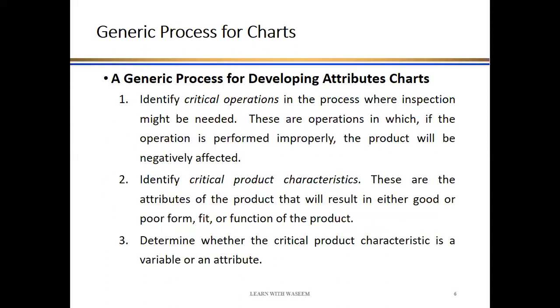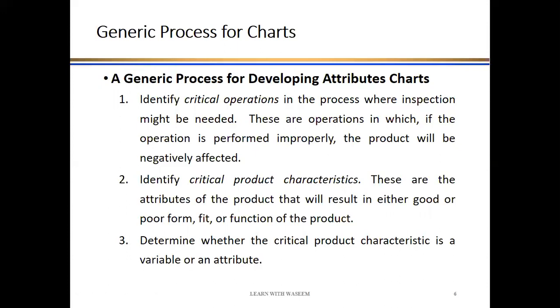To reiterate, the generic process for developing process charts consists of the following 6 steps. The first step is to identify critical operations in the process where inspection might be needed. These are the operations in which, if the operation is performed improperly, the product will be negatively affected.